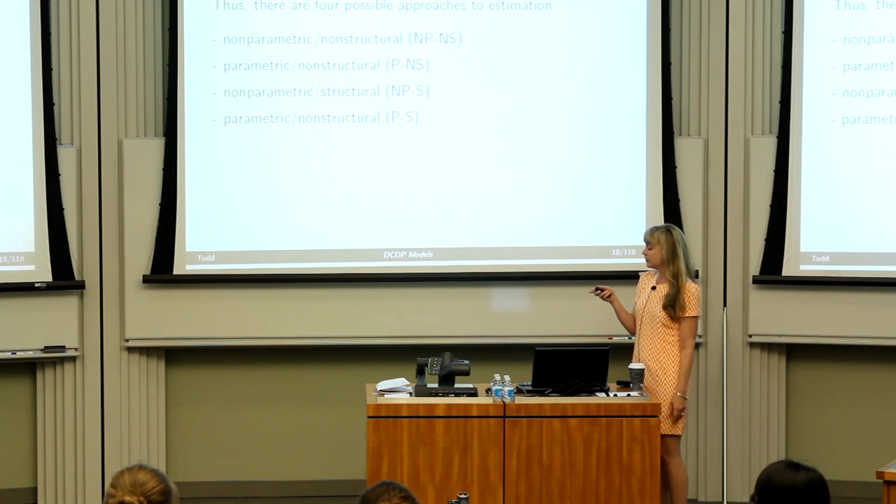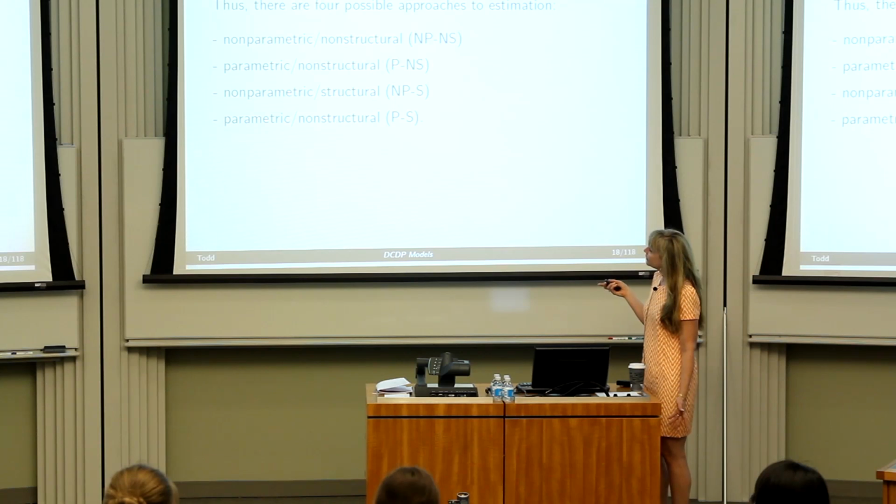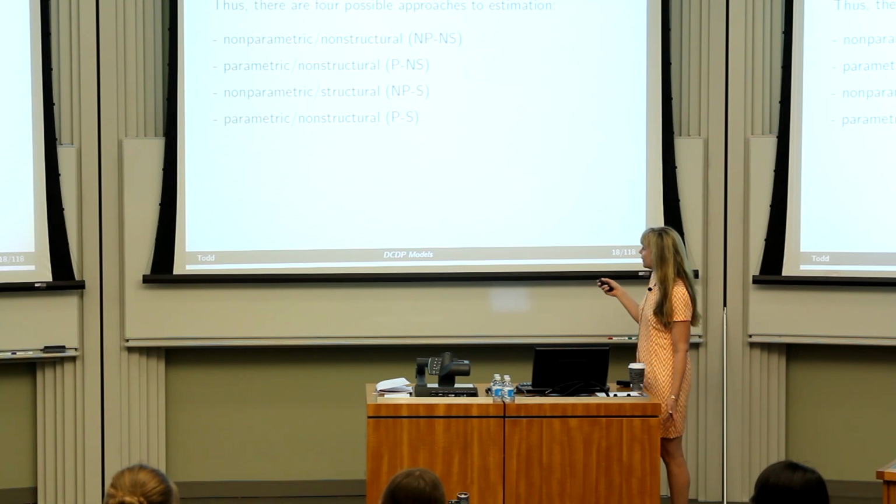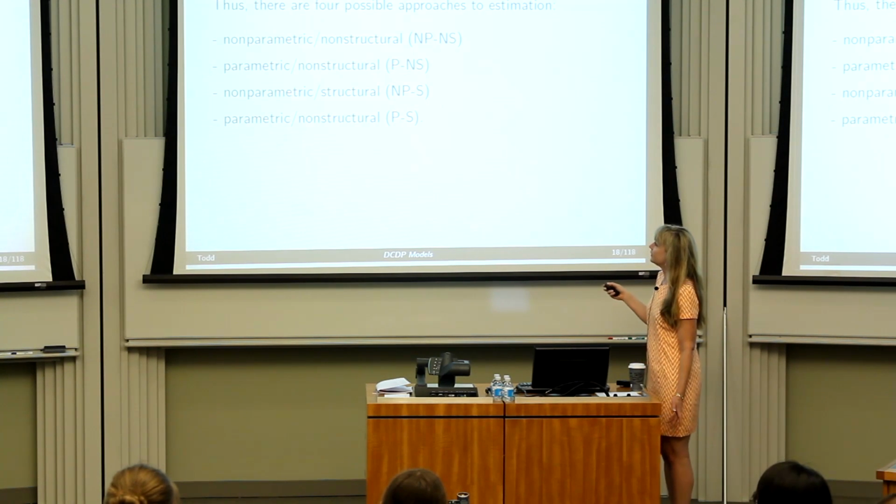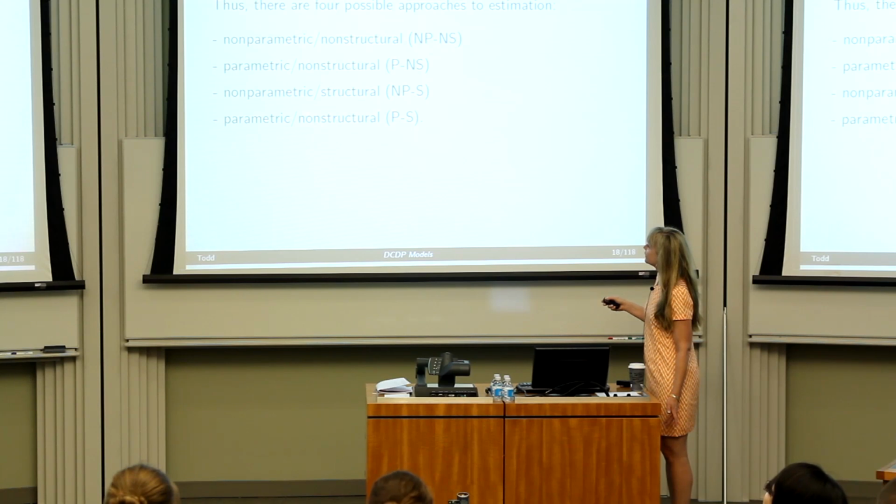You just try to recover the G. Or you could have a non-parametric structural approach. That's more unusual. I have a little bit of work trying to do this, but you don't see a lot of examples of non-parametric structural. Or you could have, oh, this should be structural. I just see typos here. Or parametric structural.